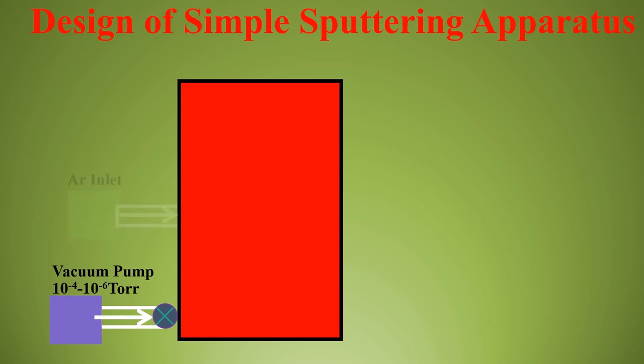In the vacuum chamber there is an argon inlet. Through this inlet the argon gas is transported inside the vacuum chamber, and this argon gas is the key which will be used as a bombardment ion. This argon gas will get ionized.